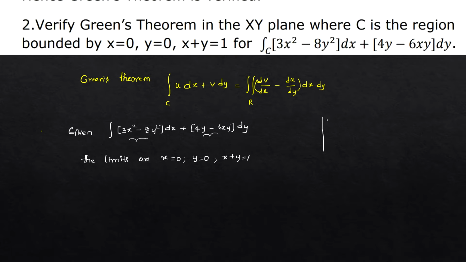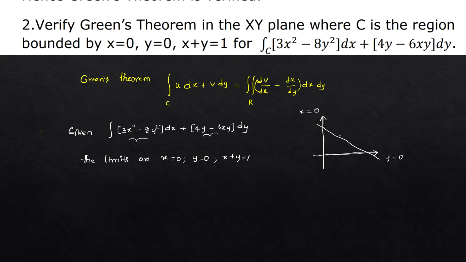First of all, draw the coordinate axes. x equal to 0 means the y-axis, and y equal to 0 means the x-axis. x plus y equal to 1 is a straight line.